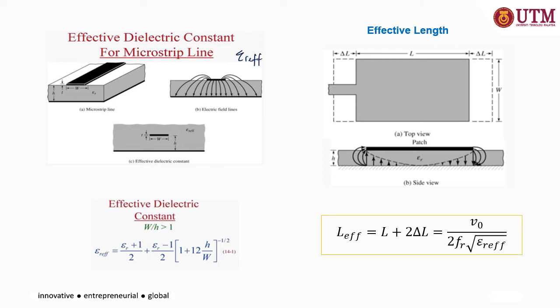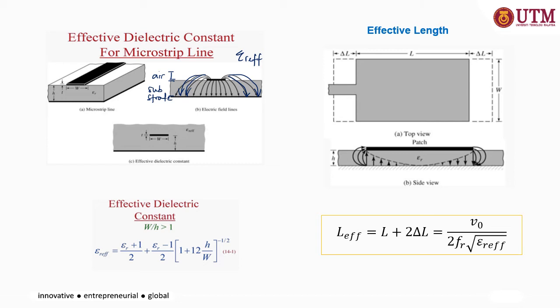As seen earlier, due to the fringing effect, we can see that there are field lines at the edge of the patch structure towards the ground plane. These lines are basically non-homogeneous, as they lie within two different substrate materials or dielectric materials. So here we have the air, and here you have the substrate.